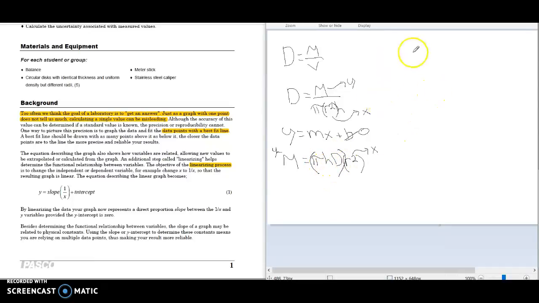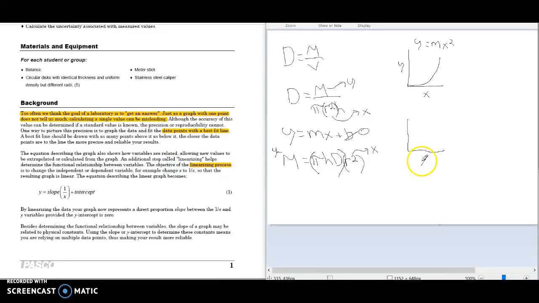Now let's look at an example of a graph over here. Let's say we have a graph of y equals mx squared. If we were to graph that, if y was on this axis and x is on this one, we would get a parabola. Now the problem with the parabola is we can't calculate the slope. So in order to calculate the slope, what we need to do is something called linearization. To make the parabola into a straight line, we square the x.